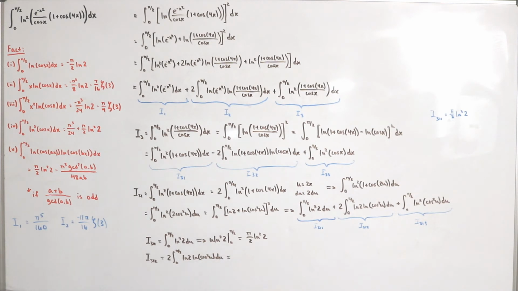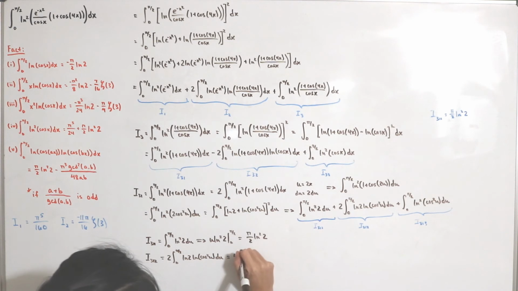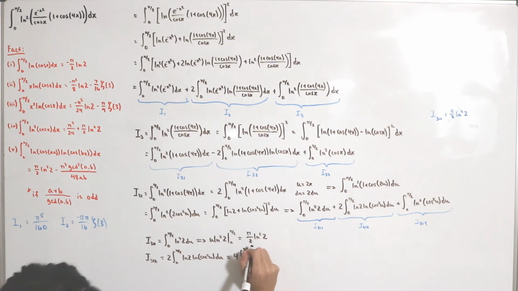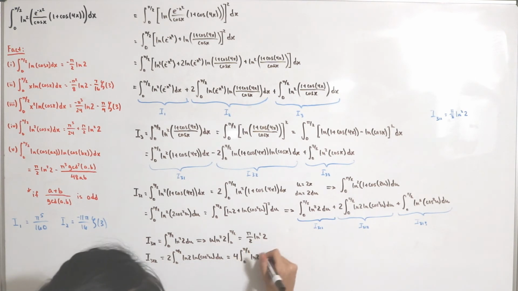But we can take our rules of natural logs: we can use the exponent 2 and move it in front of the natural log, and that's treated as a constant, so I can move it outside the integral, and we get a factor of 4. Then ln of 2 multiplied by ln of cosine u du.